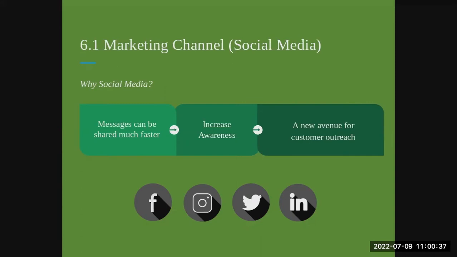You could have so many new potential customers just from sharing a post or liking, subscribing. It can really increase awareness of any new projects that are coming up. And lastly, it can be a new avenue for customer outreach, especially if you have a new project that you know will benefit all of your customers. It is so important to see any new potential customers that can be interested in new projects.